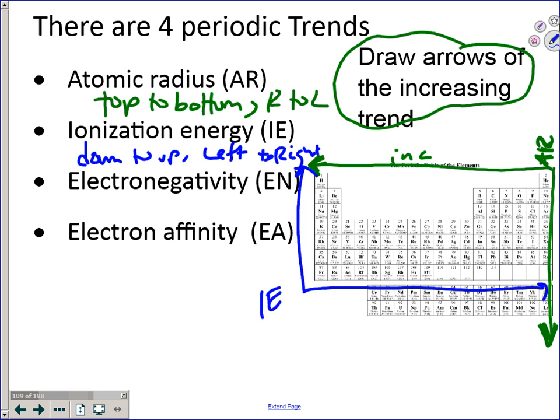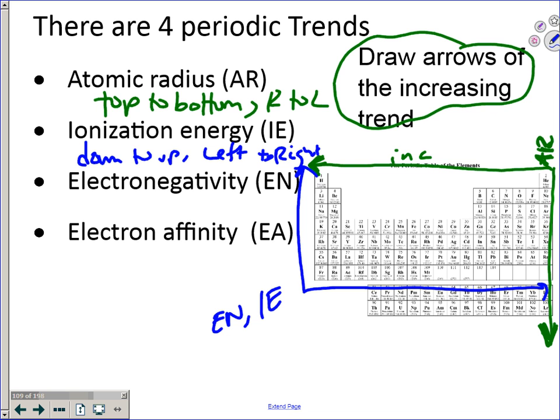All right, everybody tell me electronegativity. How does it trend? The same as atomic radius or the same as ionization energy? Can you look back at your notes? Anybody? Yeah, Evan? Okay, electronegativity is the same as ionization energy, right? And tell me about electron affinity. This was the roller coaster one, but you got a general trend. What is that one? Ionization energy or electron affinity or atomic radius?